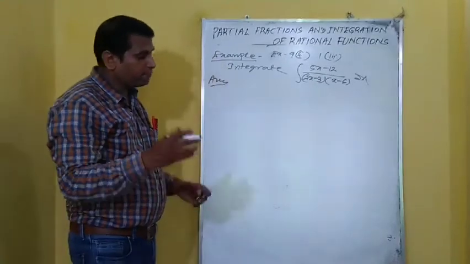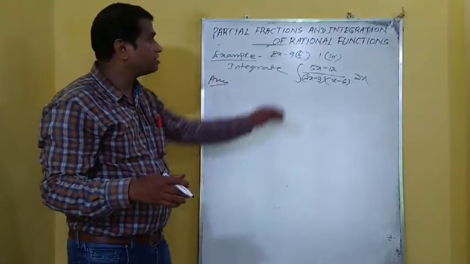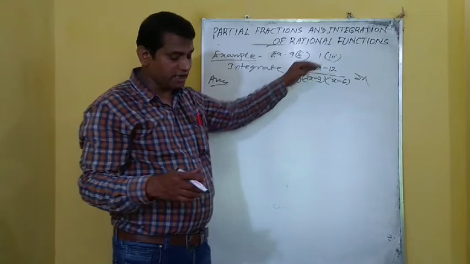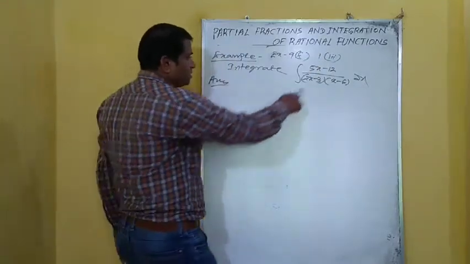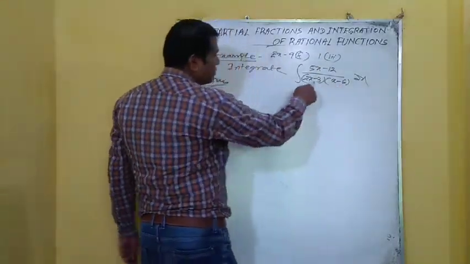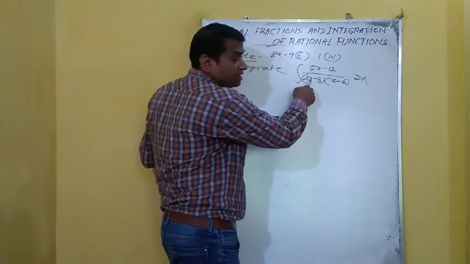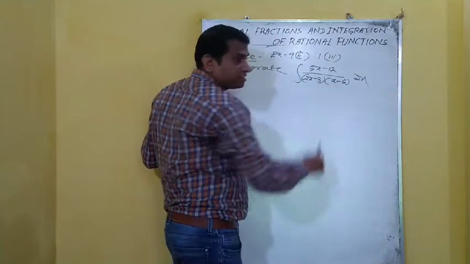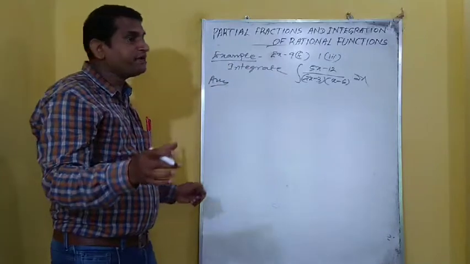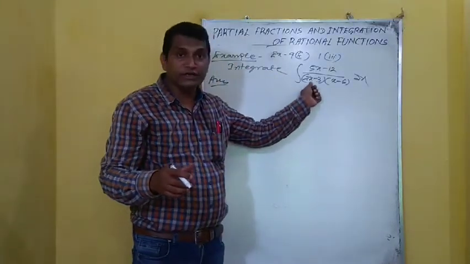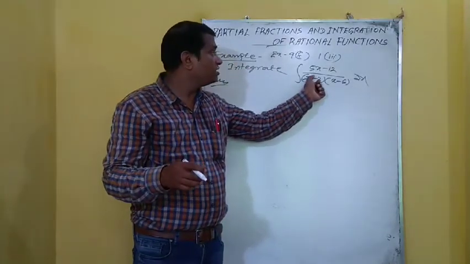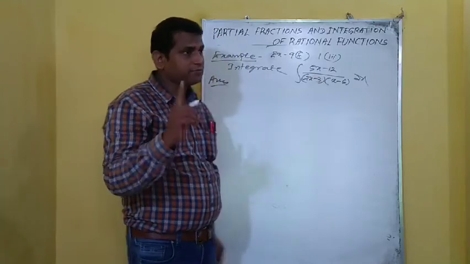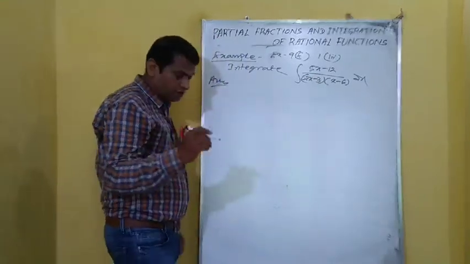So it is a proper algebraic fraction because the degree of the numerator is less than the degree of the denominator. The denominator q of x, here (2x minus 3) whole into (x minus 6), has non-repeated linear factors. It is called a linear factor because the degree is 1, the first power.